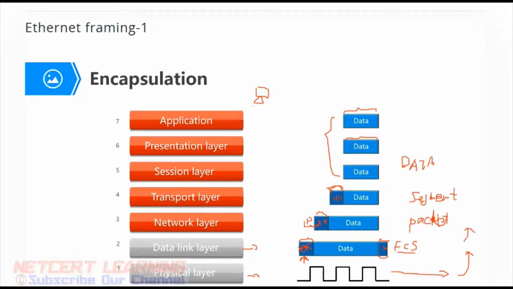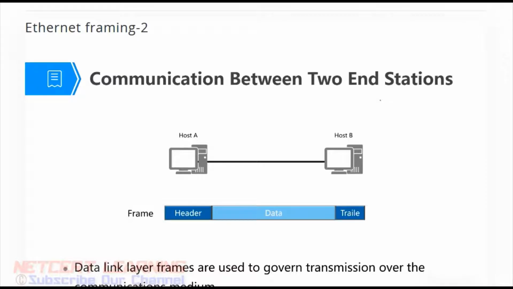Then using the destination IP address to decide if I should receive, then receive, and then send to the transport layer. Okay, then step by step sending to the upper layer, and then show the user the appearance, for example, the pictures. On the second layer, the second layer is the data link layer.